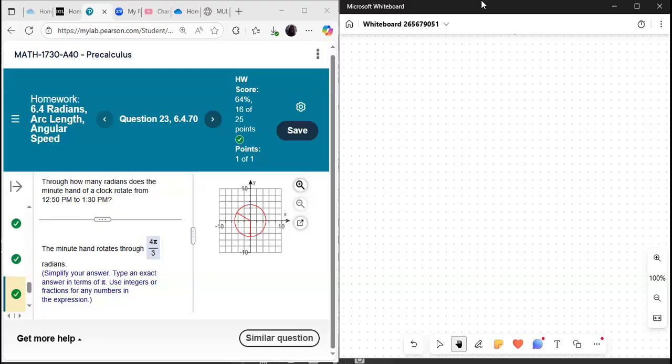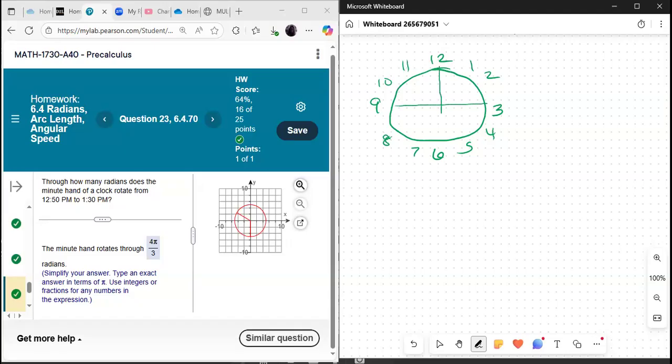In number 23, through how many radians does the minute hand of a clock rotate from 12:50 to 1:30? Okay, let's draw a clock. There's our 12, 6, 3, 9, 1, 2, 4, 5, 7, 8, 10, 11.